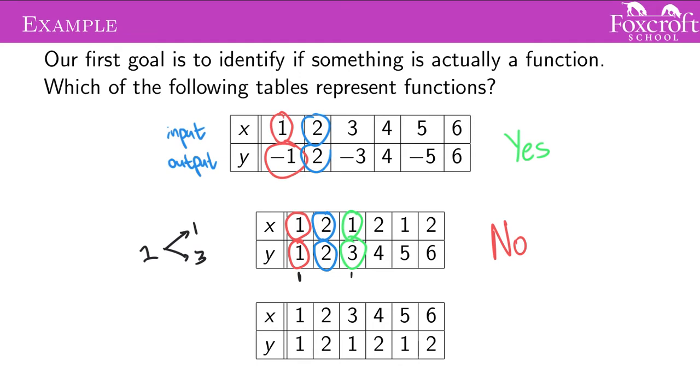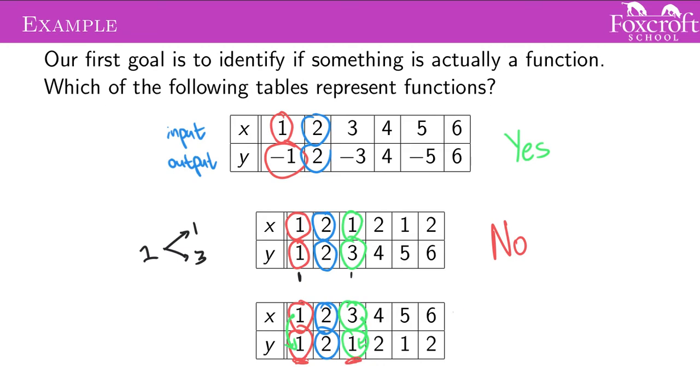And let's look at the last one. All right, starts off good again. 1 and 1, that's fine. 2 and 2, that's also fine. 2 goes to 3 goes to 1. And you might be saying, well, here I have a 1 and a 1, so that's not good. But again, the important thing is I put in one input and get out one output associated with it. So it's fine if the outputs repeat. I can have 1 pop up multiple times. The important thing is that 1 only goes to 1, 3 only goes to 1.